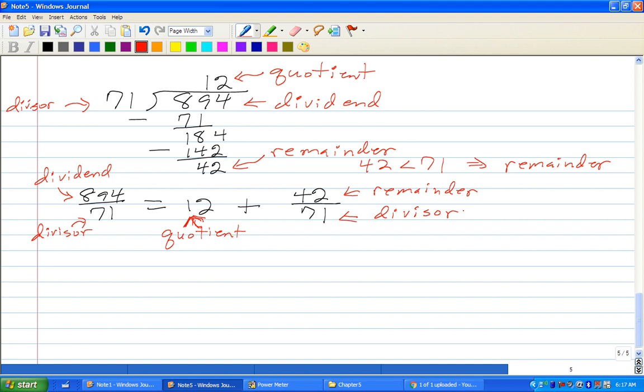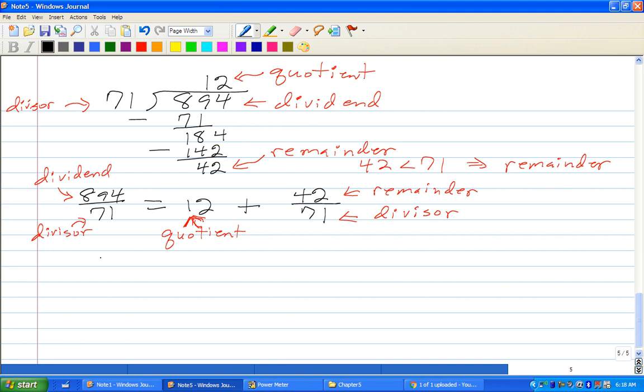And remember, the remainder is such that the remainder is smaller than the divisor. We could have written this in a mixed number notation, but since the mixed number notation doesn't work when you have variables, I won't write that out. So let me write this as a division algorithm form.